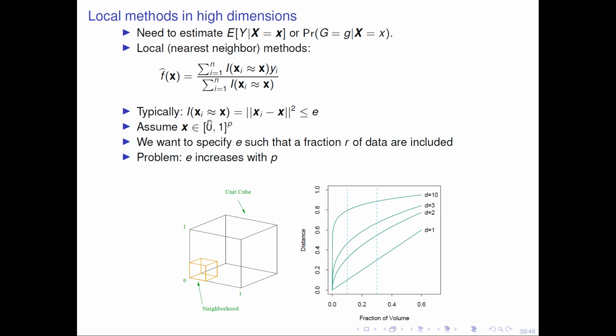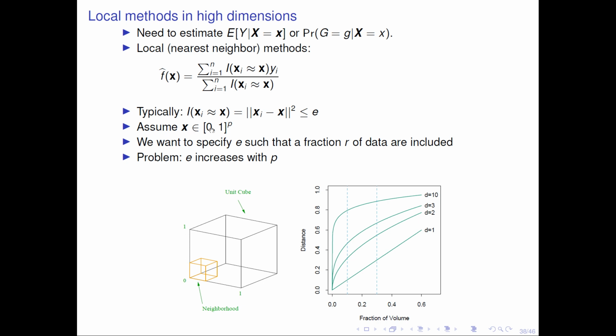And there are two typical ways. One is to say that we make a restriction in that all points that are closer in distance to x, closer than a value e, we include. That could be a pre-specified value e. The alternative that we have seen is to say that we take the 10 closest points or the 15 closest points.